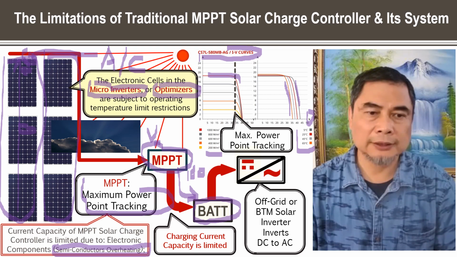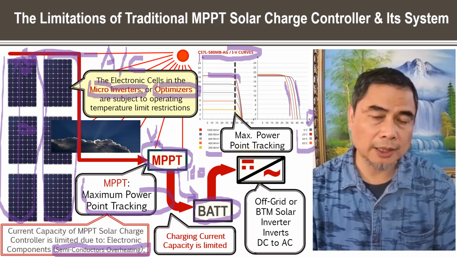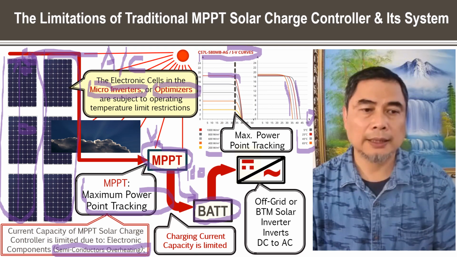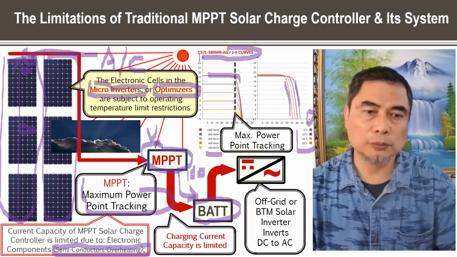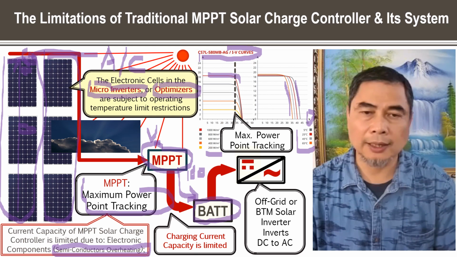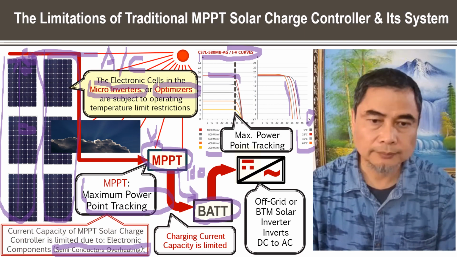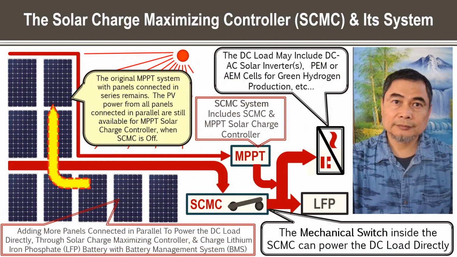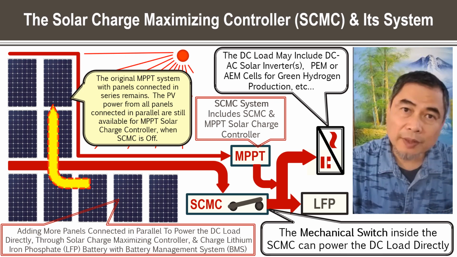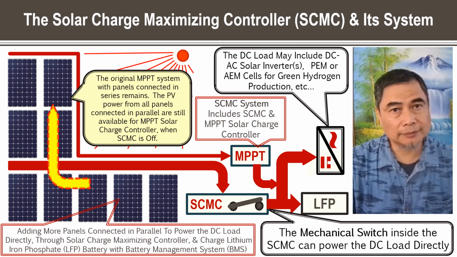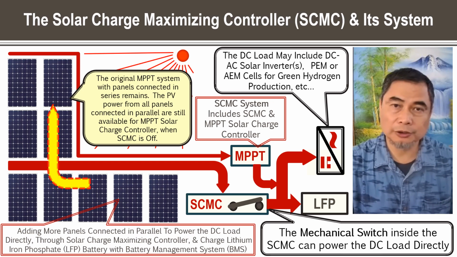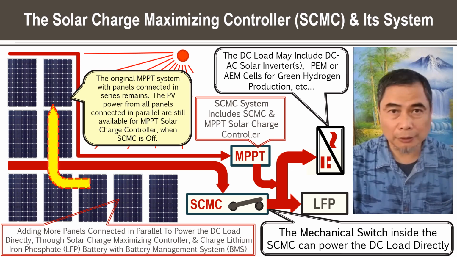So this is the reason why we cannot use this kind of system to power high capacity appliances. So we know that we are not satisfied with the capacity from the MPPT solar charge controller alone to power a house.